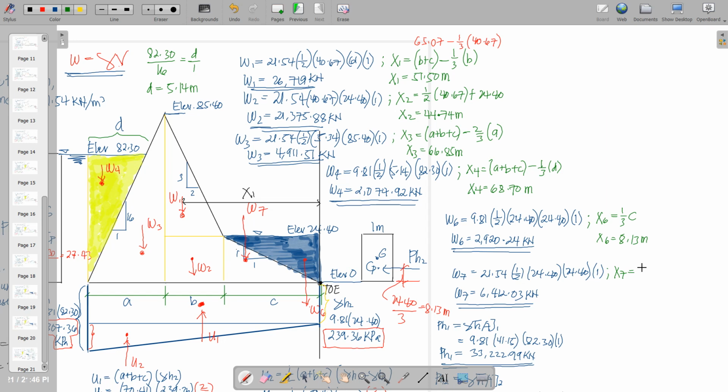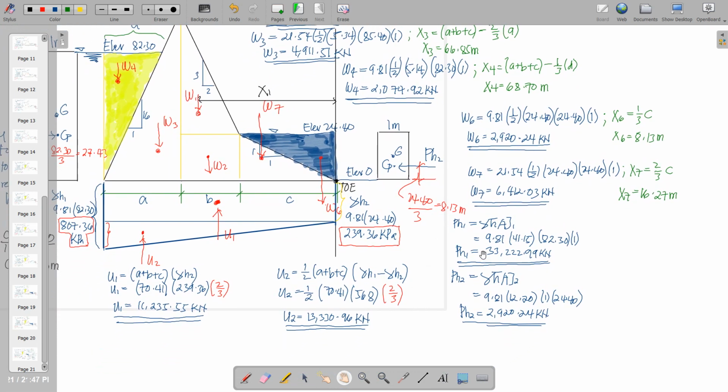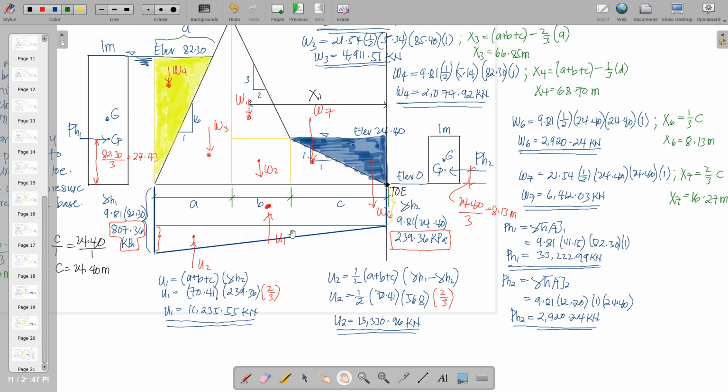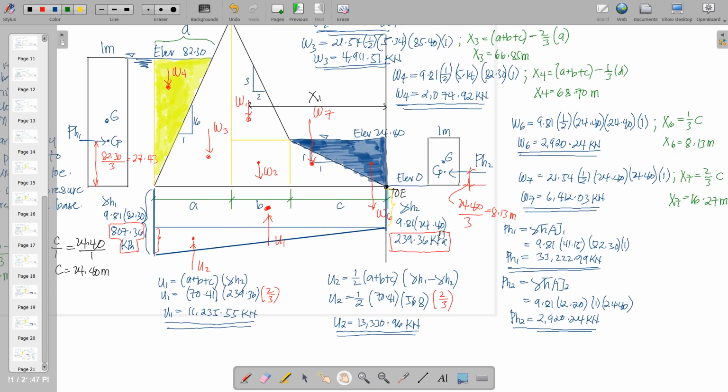So that is actually 2/3 of C. Hence, we can get 16.27 meters from the toe. Okay. So, actually, we have already computed the hydrostatic forces' distance from the toe. We have these, 27.43 and 8.13.